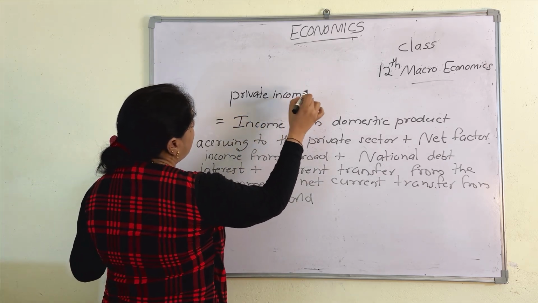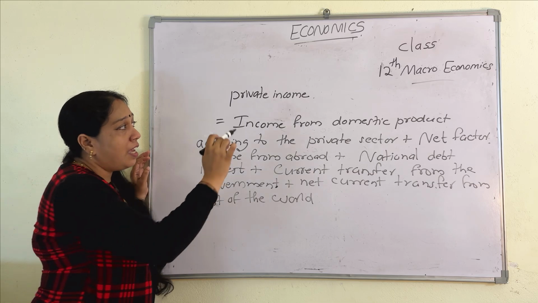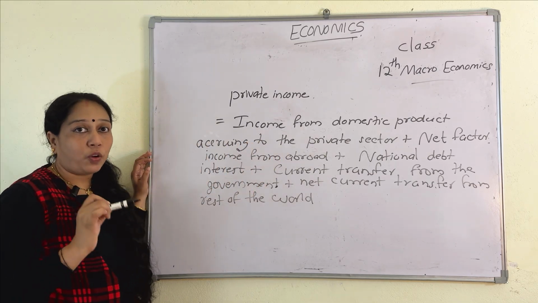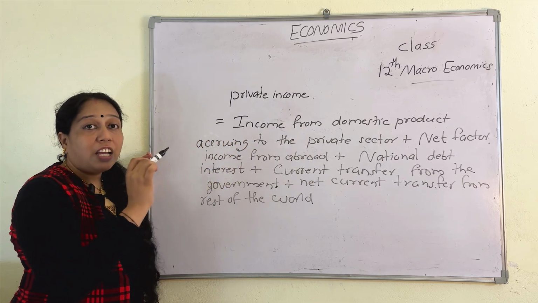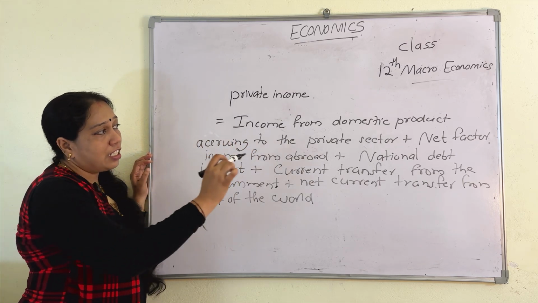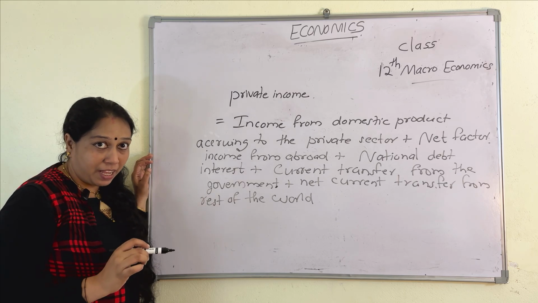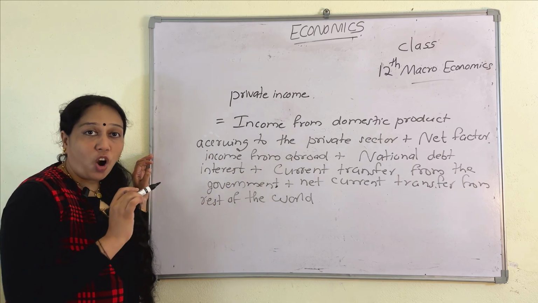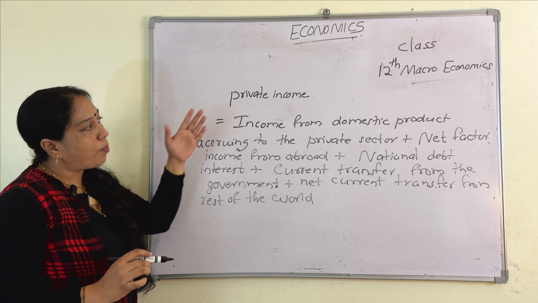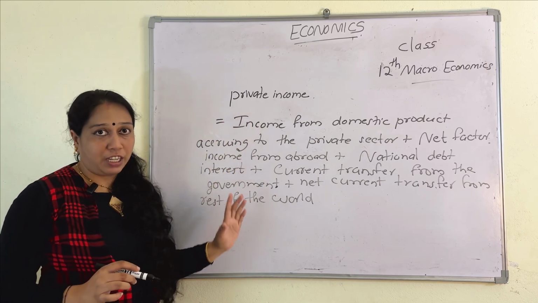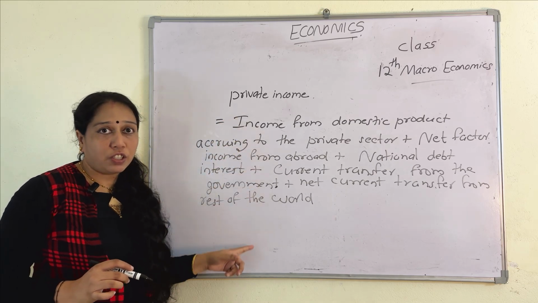So how to find the private income? The formula is income from domestic product accruing to the private sector plus net factor income from abroad plus national debt interest plus current transfer from the government plus net current transfer from the rest of the world. You have to study this formula to find the private income. You can write it down.